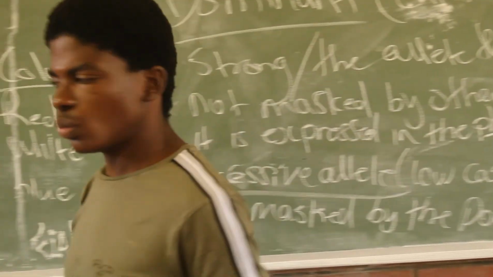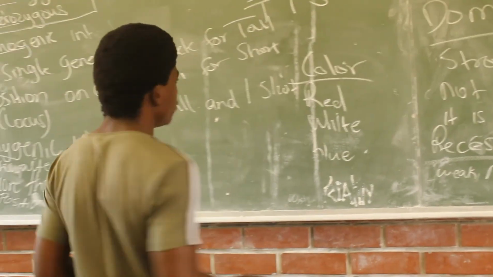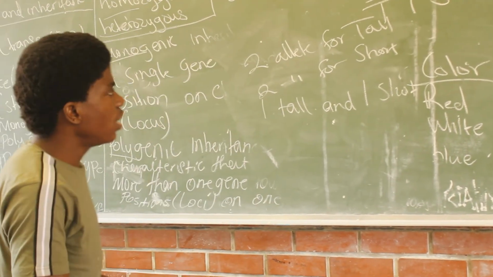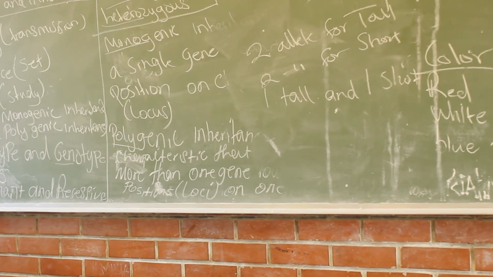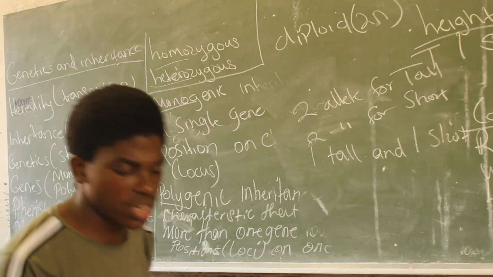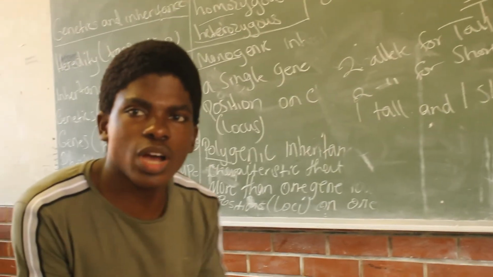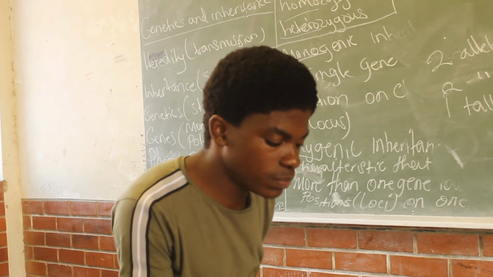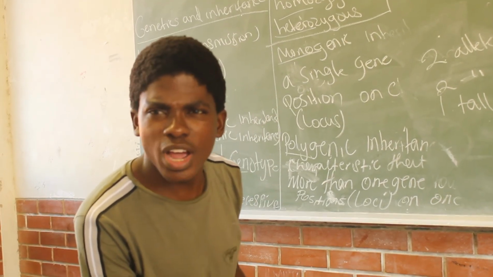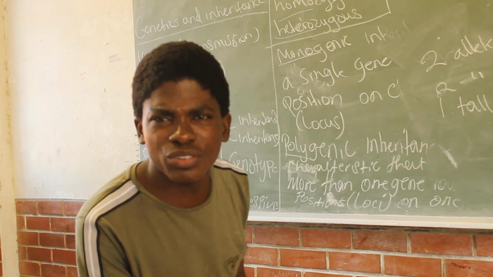Okay, so we have learned about all these new words: heredity, inheritance, genetics, genes, phenotype, genotype, alleles, dominant, homozygous, and heterozygous. Now what I'm going to explain is a monohybrid cross. I've been mentioning monohybrid crosses. What are they?